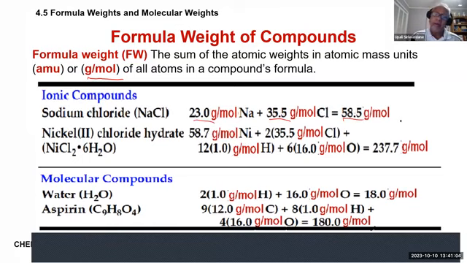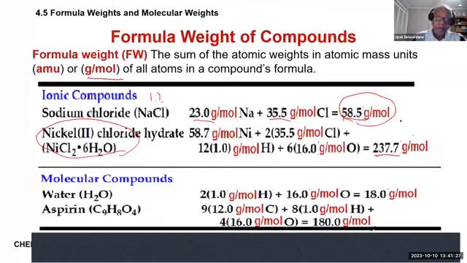You add them one to one. So you get the formula mass or molar mass for sodium chloride. For this compound, nickel(II) chloride hexahydrate, you add up all the atoms. For water, we also calculated 18 grams per mole.